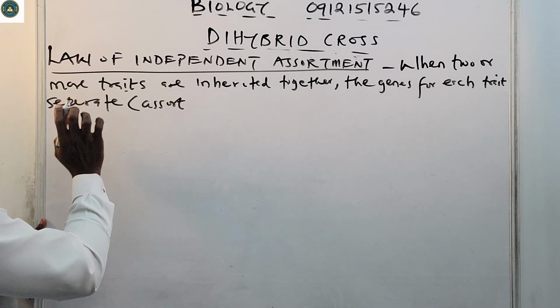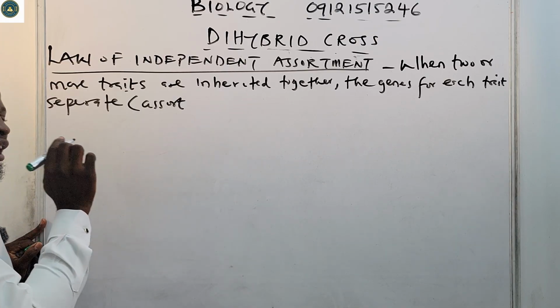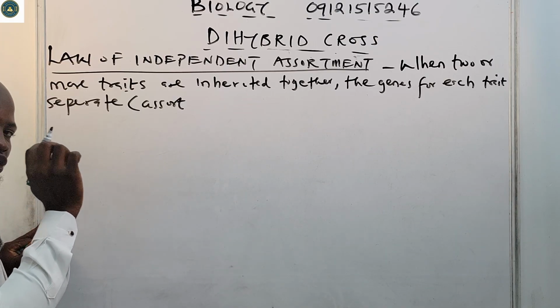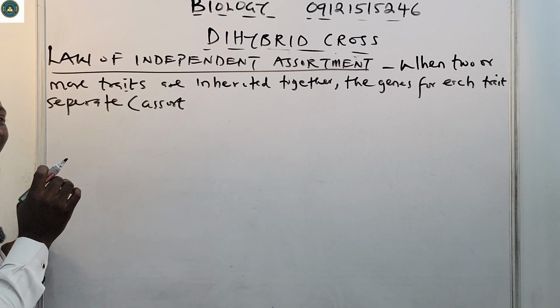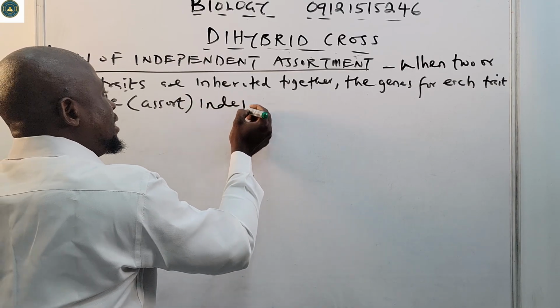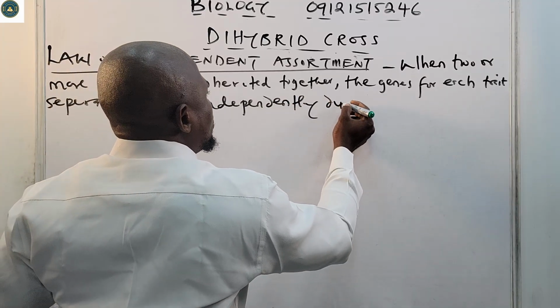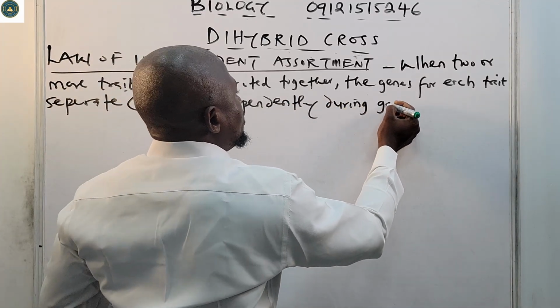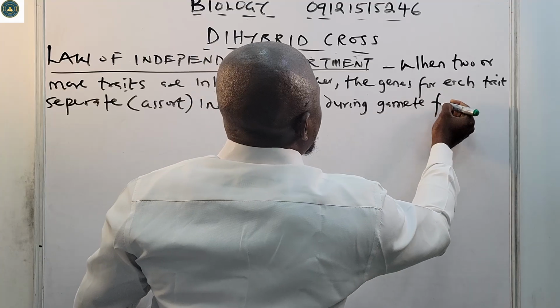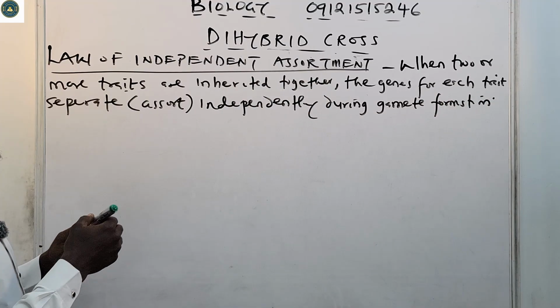When two or more traits are inherited together, the genes for each trait separate independently during gamete formation. So that's what the law is saying.